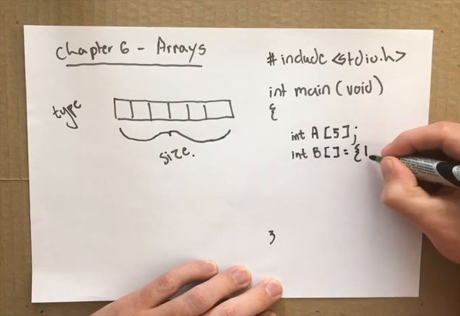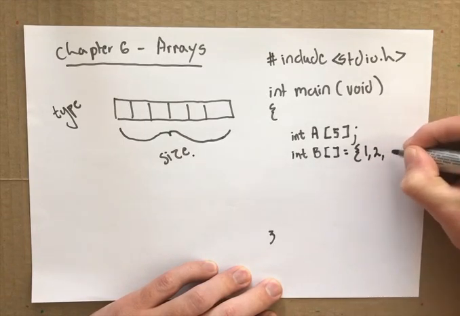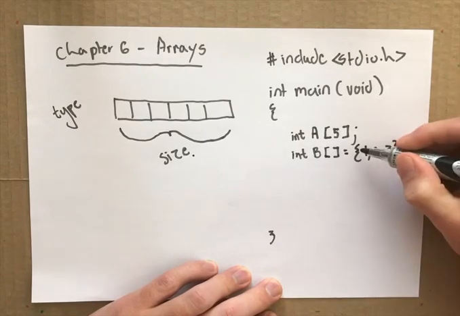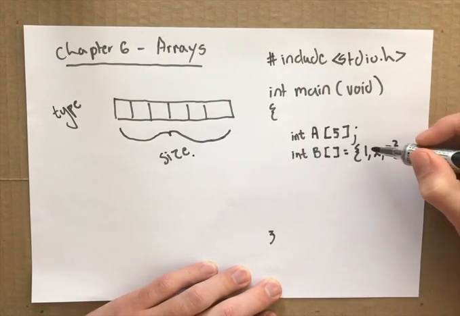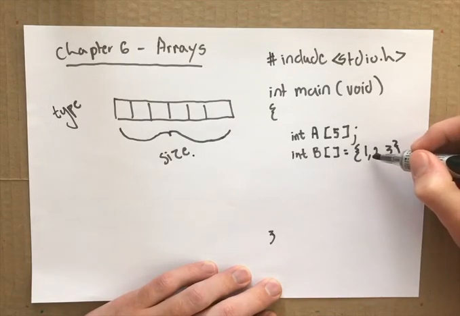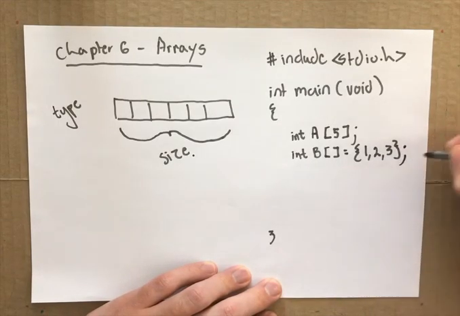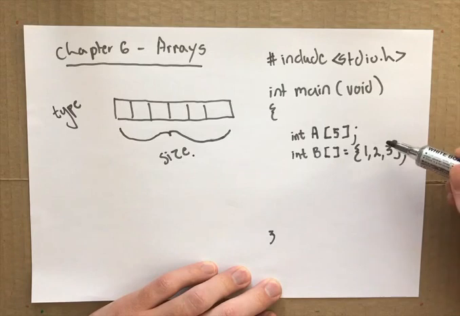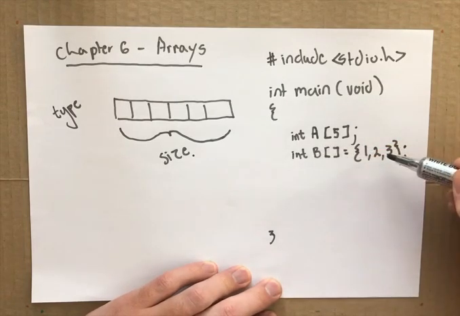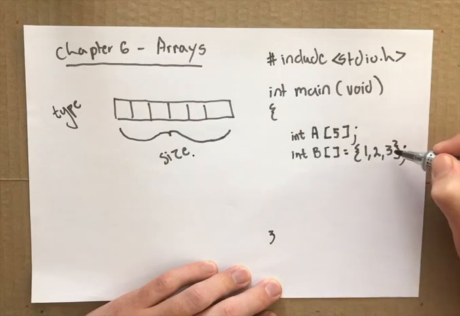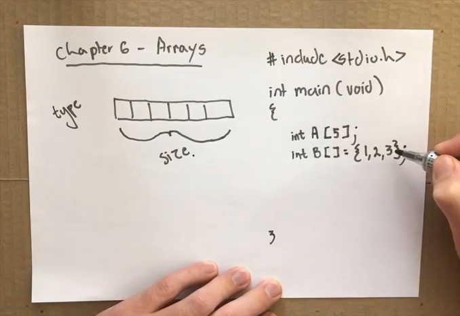Let's say, for instance, 1, 2, and 3. And as you see, we use curly brackets and then 1, 2, and 3, and they are split with a comma sign. Now, as you can see, there are 3 values in this array. So the array has a size of 3, and the compiler will pick up that this array has a size of 3.